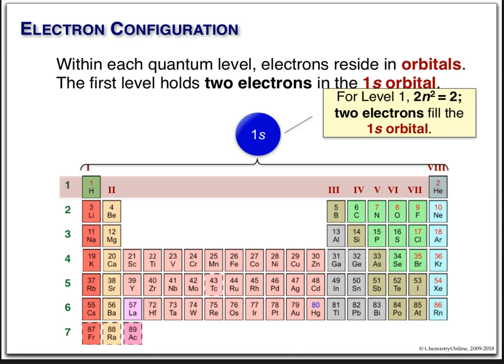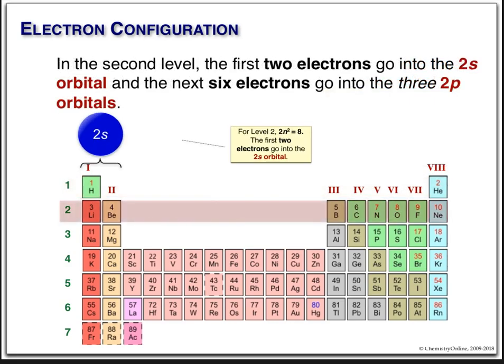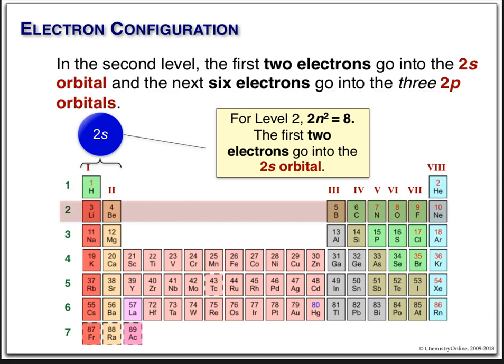Our second quantum level. First thing we're going to have in these 2 is an s orbital. Remember, the s orbital can hold 2 electrons. So we put 2 in there, 1, 2. We call this the 2s. For the rest of these, we bring in p orbitals.